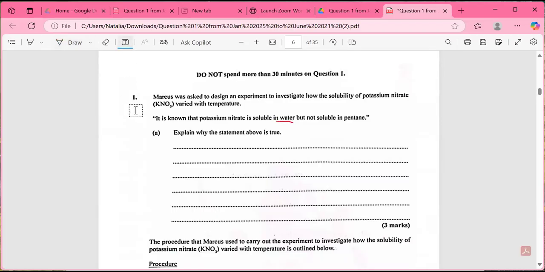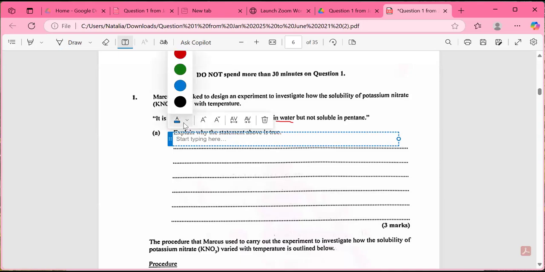Everybody's supposed to sing this, because we do this so often. Can we sing the response? All nitrates are soluble. No, that's not the reason. Because it is polar.